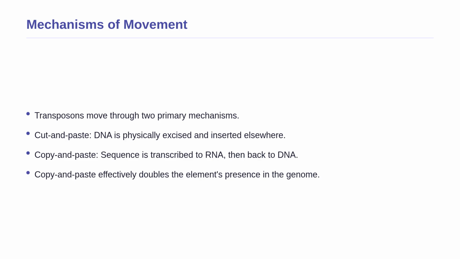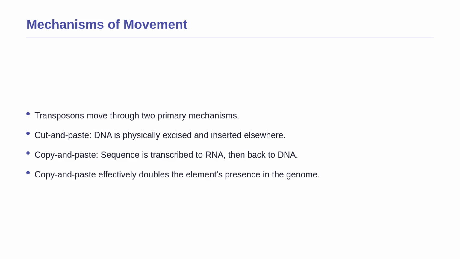Understanding how these elements were discovered leads us to ask, how exactly do they move? Transposons utilize two primary mechanisms. The first is the cut and paste mechanism, where an enzyme physically excises the DNA sequence from its original location and inserts it somewhere else.